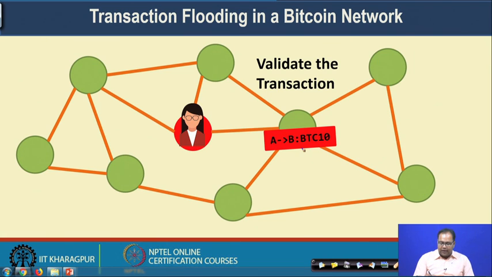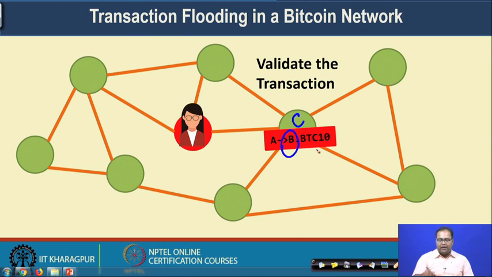If this node is not Bob, say this node is Charlie, Charlie will be able to validate this particular transaction, but because the destination address is Bob's address, Charlie will not be able to accept this transaction or include this Bitcoin in his wallet.